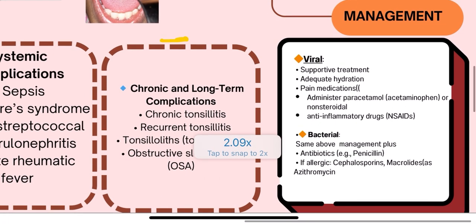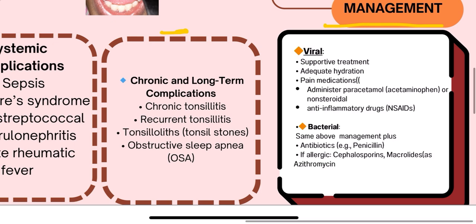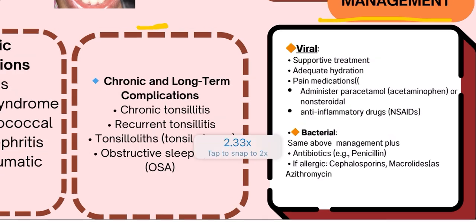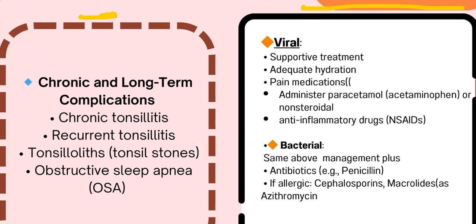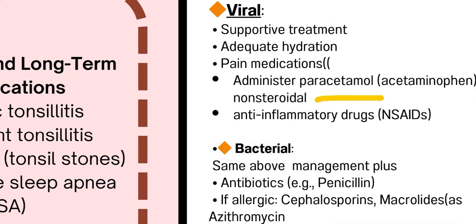We have the management. The management of tonsillitis is primarily supportive treatment in viral tonsillitis. The supportive treatment is composed primarily of adequate hydration, good oral intake, and management of pain and fever using paracetamol and other non-steroidal anti-inflammatory drugs. Okay?